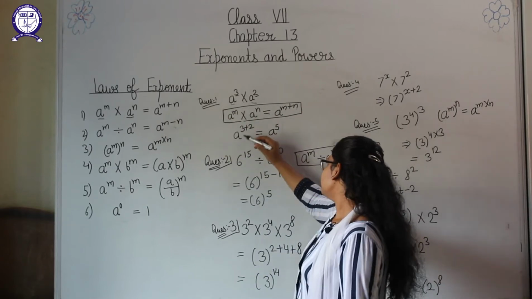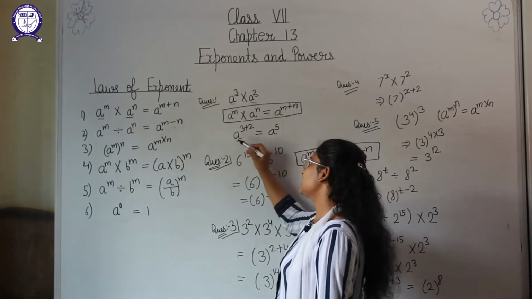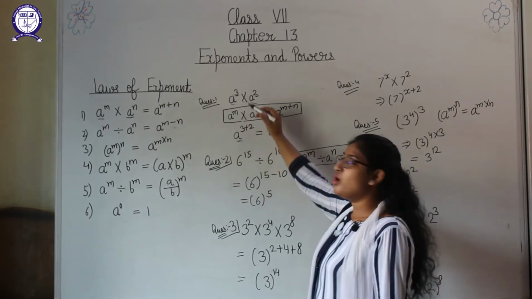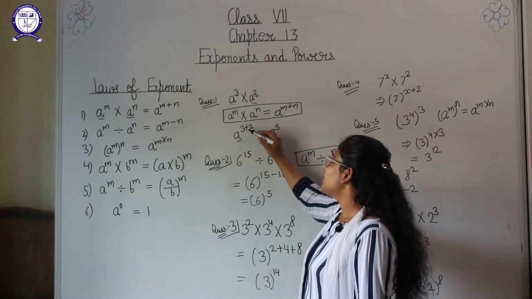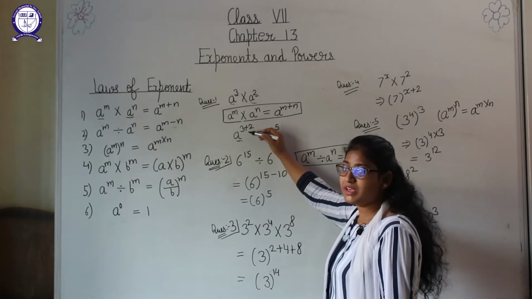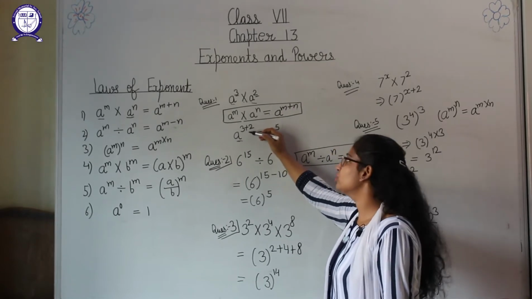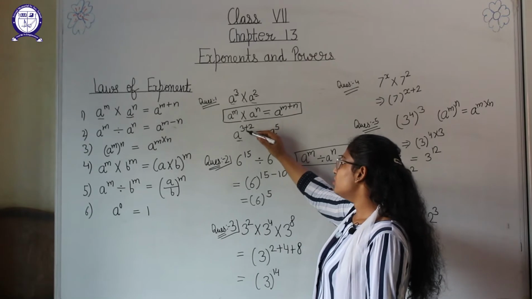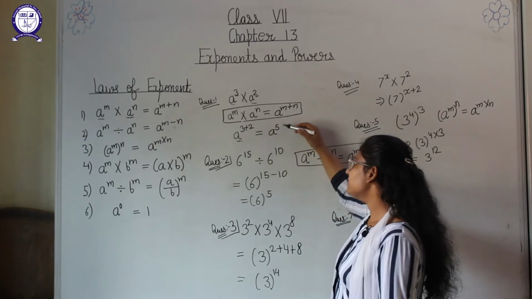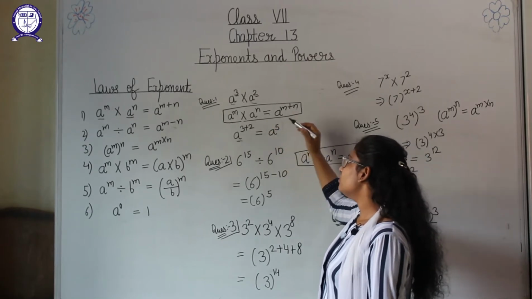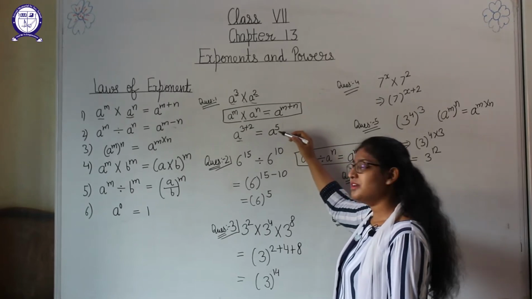Now here the base will be the same, means a will be the same. Now this power 3 plus this power 2, as we have to add the powers of both the exponents. So 3 plus 2 will give us 5 and a will be the base. So our answer is a raised to the power 5.